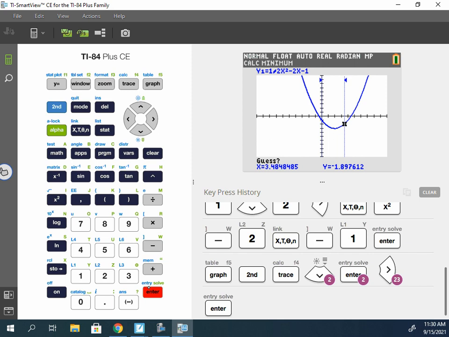So you have those 2 arrows. What that's saying is that the minimum is going to be between those 2 values. And we want to hit enter one more time. And it tells us that the minimum is 2, -3.